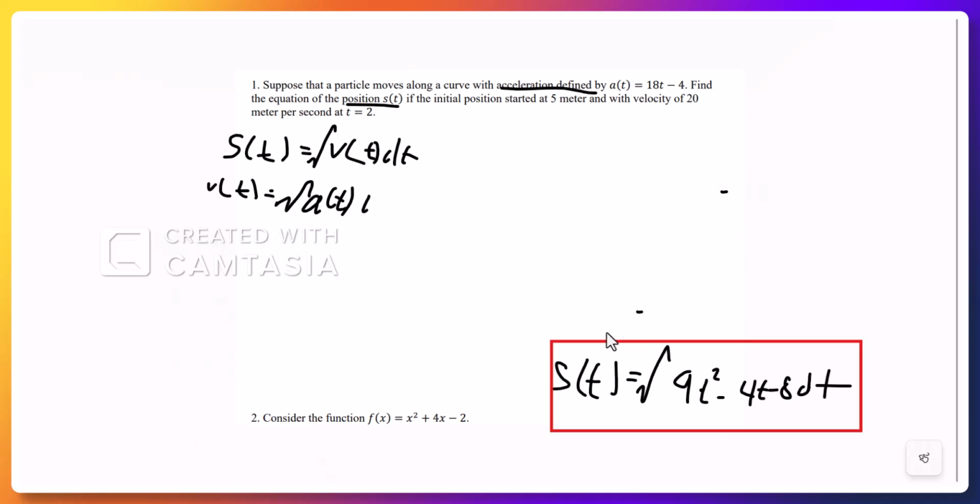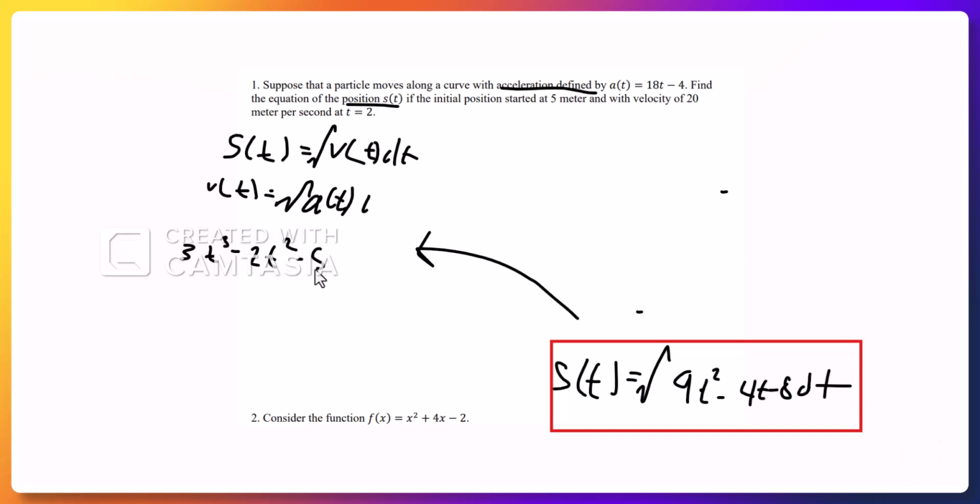So now that we have this equation, we're going to find the integral of this function. This is going to be 3t cubed, because when you bring down the 3, it'll be 9, and minus 1 is 2, giving 9t squared. Then minus 2t squared, because you bring down a 2, it'll be 4, and minus 1 gives 4t, as stated below.